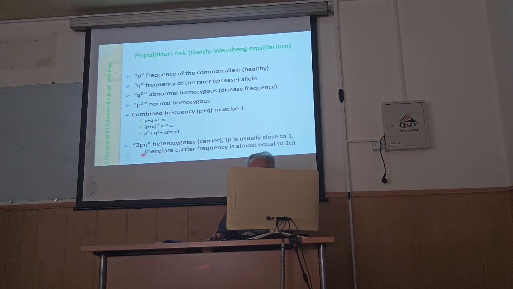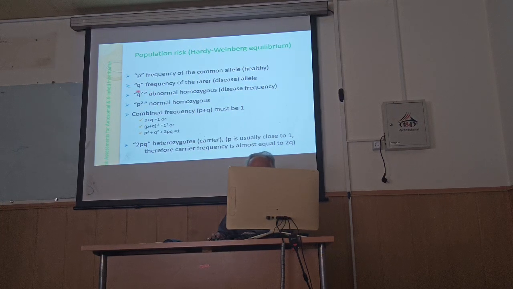Then the carrier frequency is almost equal to 2Q. It means if we have an allele frequency Q in a population, then the carrier frequency in that population is 2 multiplied by Q.